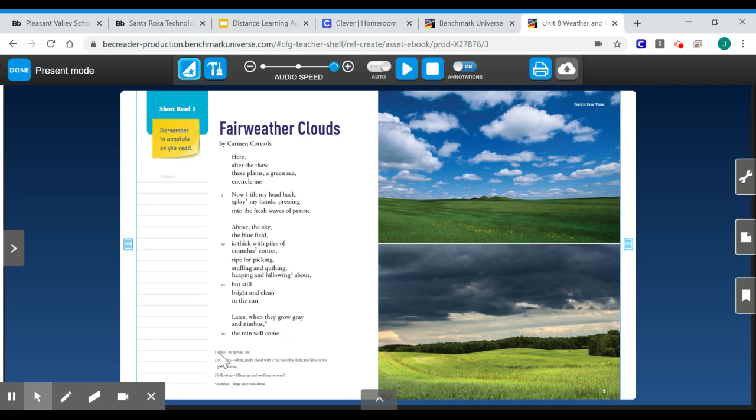Okay, so the footnote is at the bottom. It's noted by a number. It's next to the word that it's talking about, and it gives you the definition. So when I look at this line, above the sky, the blue field is thick with piles of cumulus cotton. Those aren't cotton balls, but they're clouds that kind of look like cotton balls.